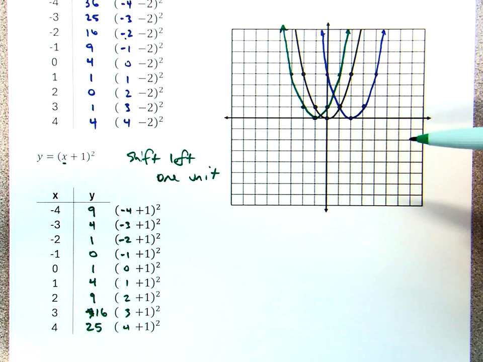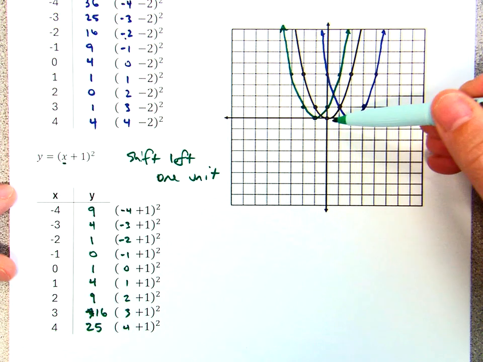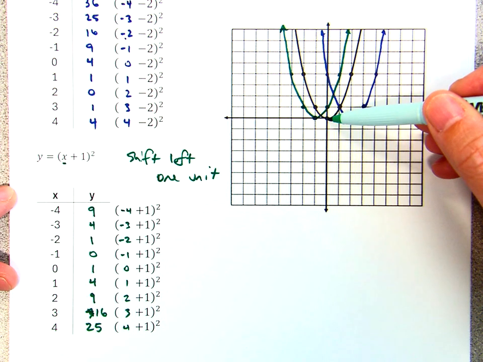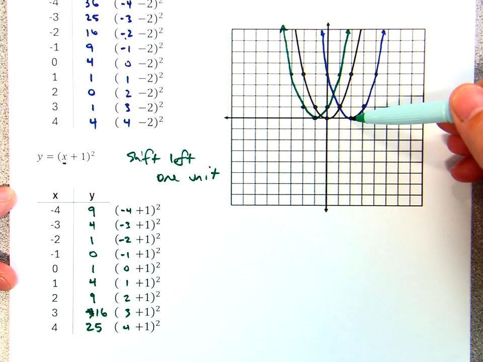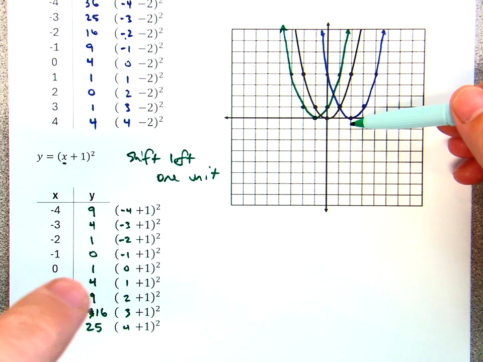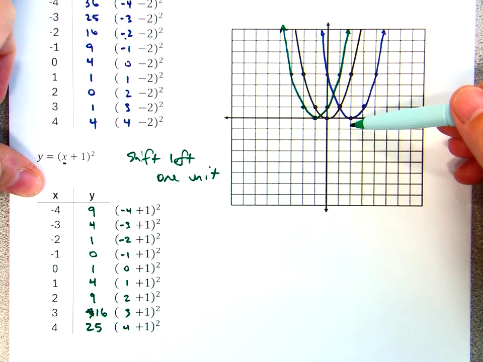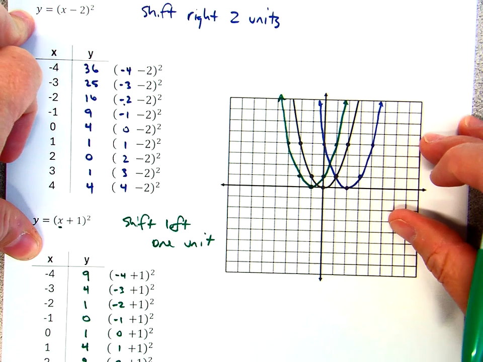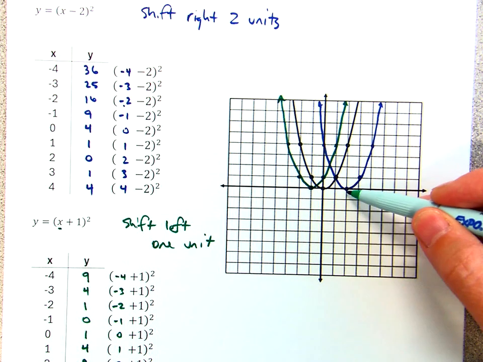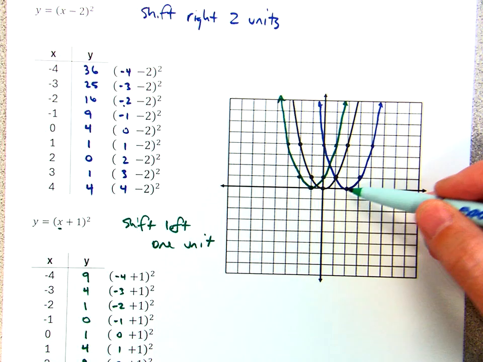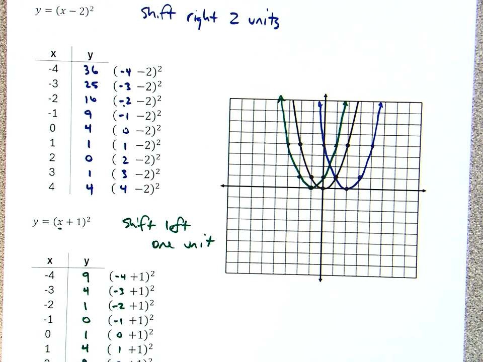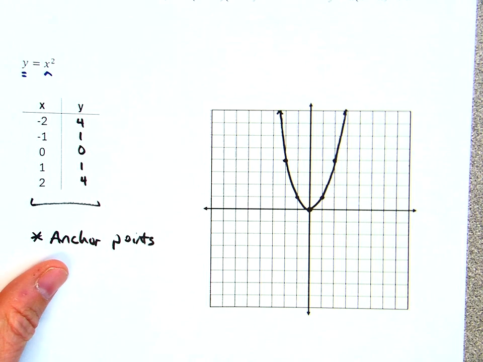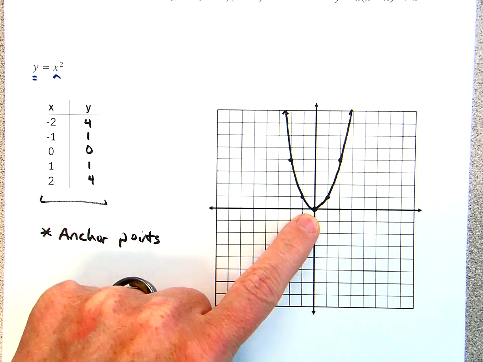So in terms of those anchor points that I mentioned at the beginning, right? If you see what's happening here, we're taking the original vertex, we're moving the vertex to a new location, right? Whether it was a vertical shift from the last page or a horizontal shift, right, in the x direction from these guys. But once you move that vertex, we can think back at this is the starting location of our original function, right? So if you remember what we had here, the original function had our 0 was our vertex.